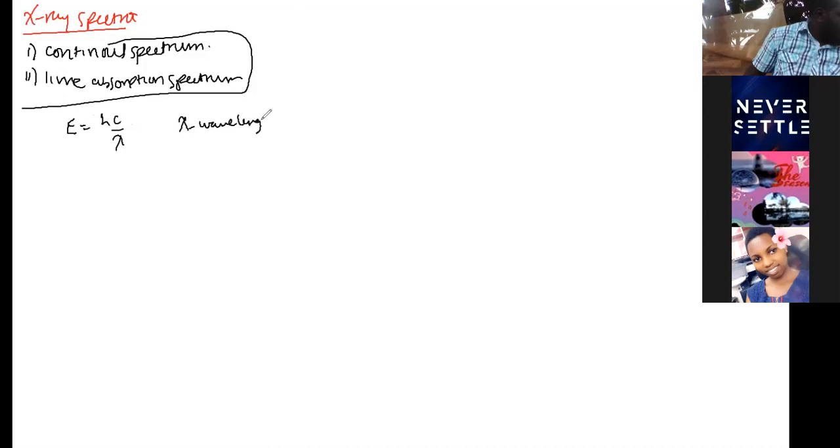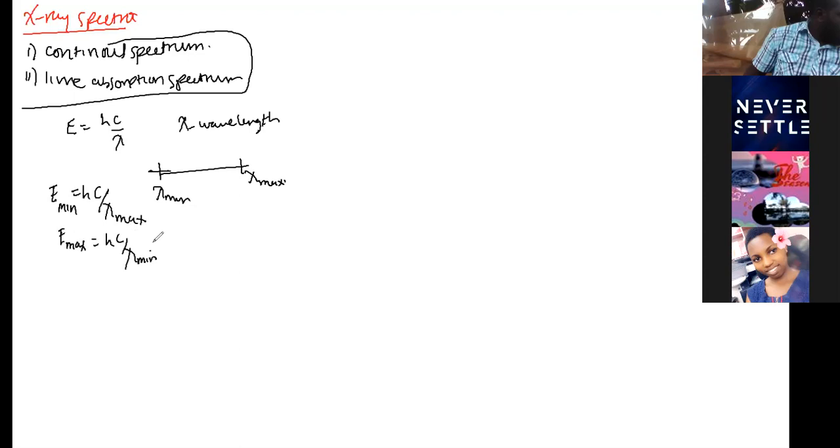So as collisions take place, we shall have varying wavelengths from a given minimum value to a maximum. The maximum wavelength gives you the minimum energy, while the minimum wavelength gives you the maximum energy. So if lambda is maximum, then hc over lambda, the energy, will be minimum.